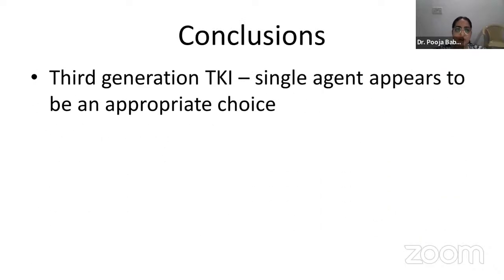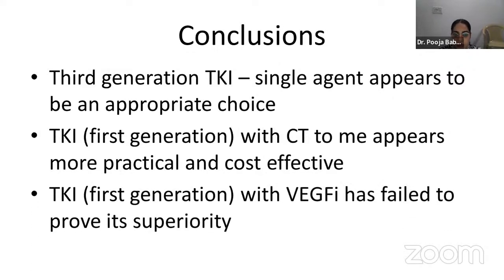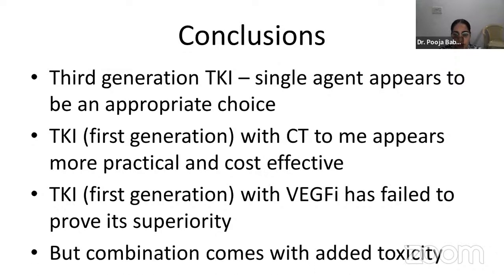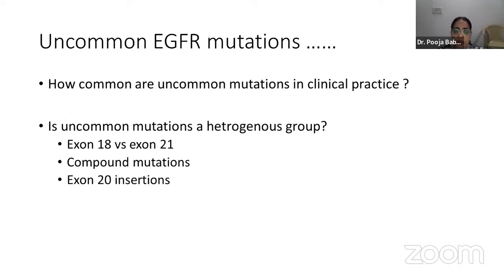So, in conclusion, third generation TKI single agent appears to be an appropriate choice. TKI with chemotherapy, definitely more practical and more cost effective. TKI with VEGF has actually failed to prove its superiority in terms of overall survival benefit, but combination also comes with added toxicity. Now, what about uncommon EGFR mutations and how common are these uncommon mutations?